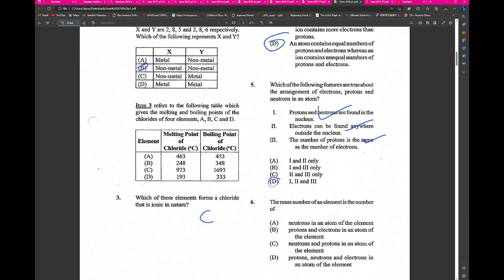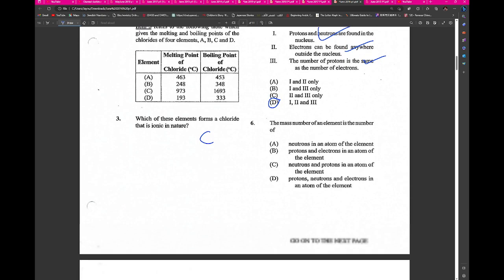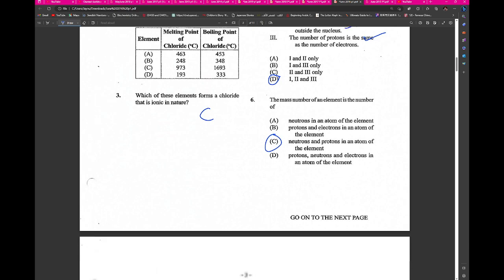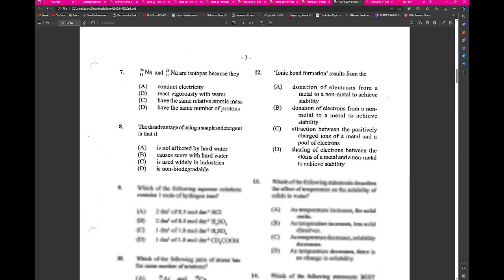Right, all of them. The mass number of an element is the number of protons and neutrons. I have these two isotopes here, isotopes because they have the same number of protons, different relative atomic masses.